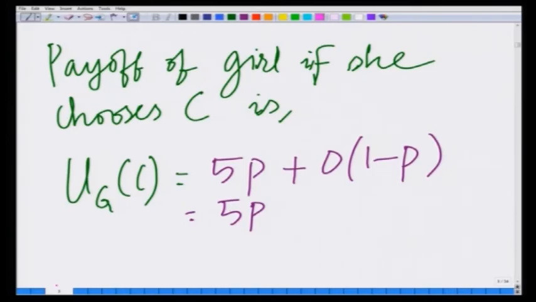So, the payoff of the girl, if she always chooses to watch cricket, is 5 times p. If she always chooses to watch the Harry Potter movie, it is 10 times 1 minus p.